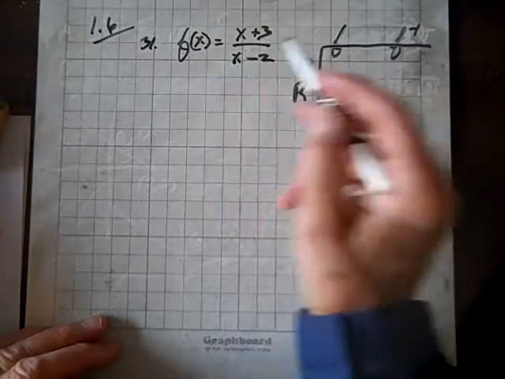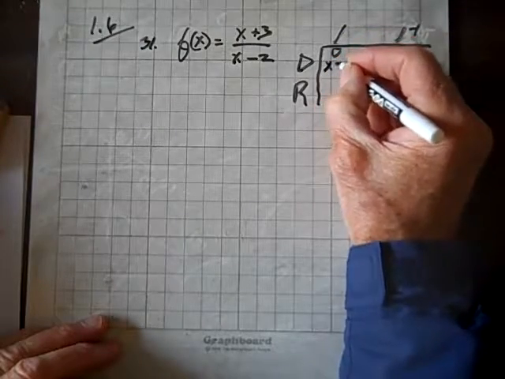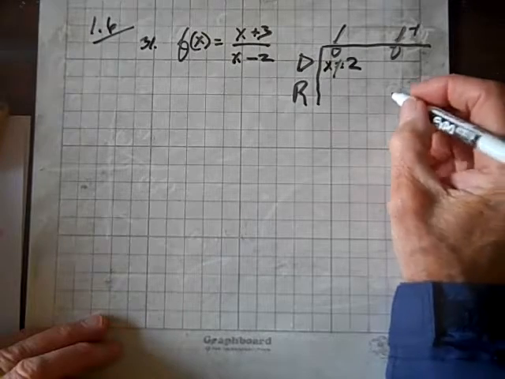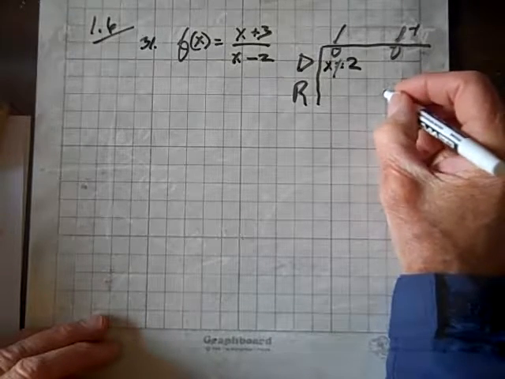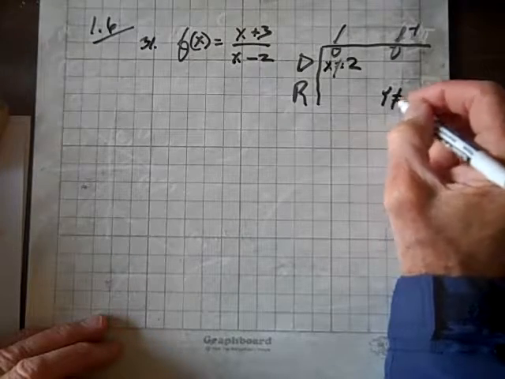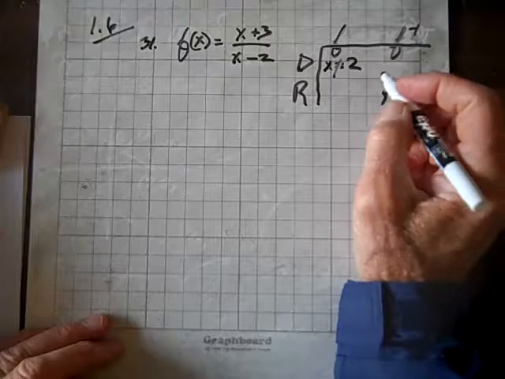And the domain of this is all reals but 2, because 2 would take that to 0. So x is not equal to 2. Consequently, we know then that the range of the inverse function is going to be all reals but 2. So y is not equal to 2.